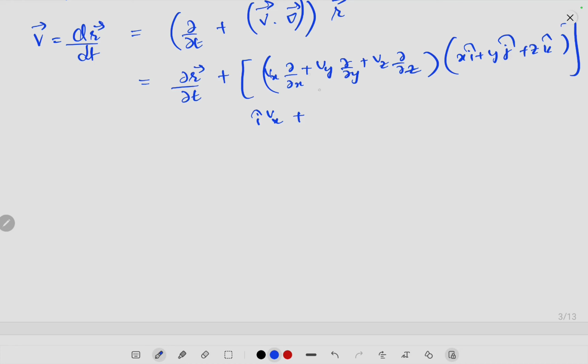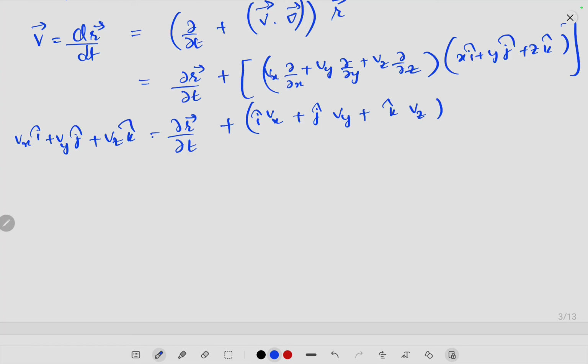Similarly, vy del by del y will give me a non-zero term, which would be j hat vy, and similarly vz del by del z acts on this term to give me a non-zero value, which is k hat vz. And here we have del r by del t, and this v vector we can further resolve in Cartesian coordinates. It will give me vx i hat plus vy j hat plus vz k hat.